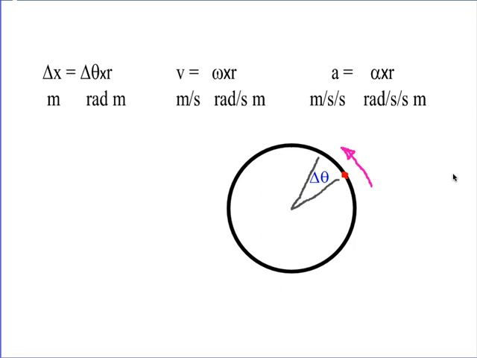One more fact, if you've got something going around a circle, this little red dot's going around a circle of some radius r, and it goes through some angular displacement, delta theta, the distance that it has gone is going to be the length of this arc, which is going to be the radius times delta theta. That's because theta, if it's measured in radians, is the ratio of this arc to this radius.